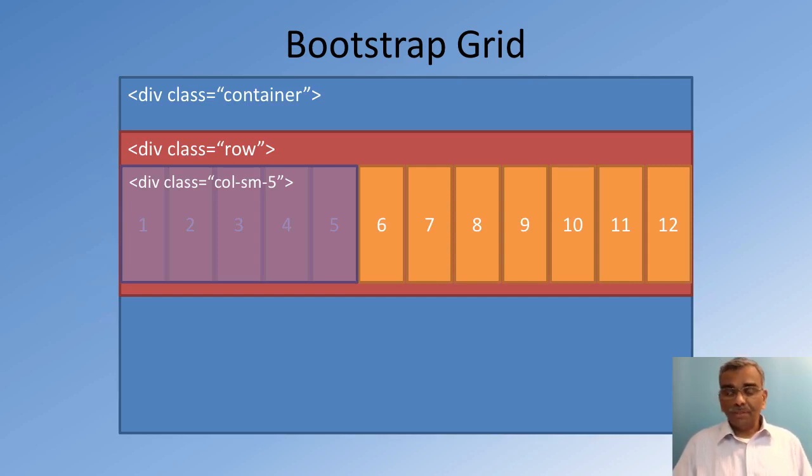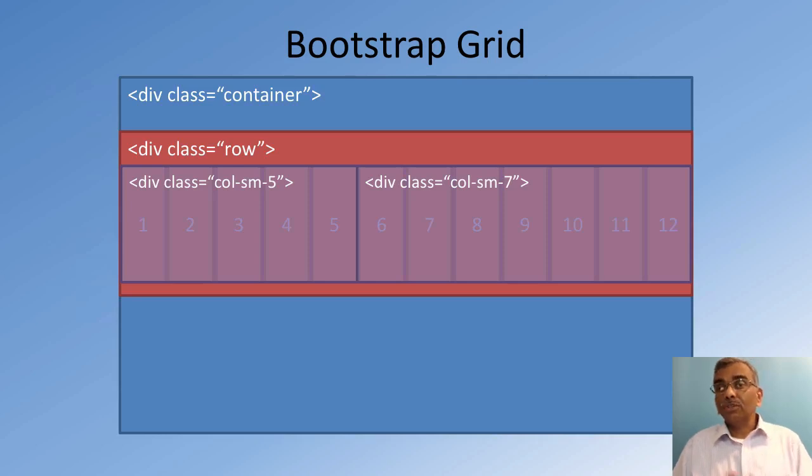I could take another piece of content and position it to the right of this by defining another div and then applying column SM7 there. Now, in this case, you see that 5 plus 7 is equal to 12. So these 2 pieces of content enclosed in these 2 divs will now be positioned side by side, and the sum total of them is occupying the entire 12 column width. So this is how we work with the 12 columns in defining the layout of the content here.